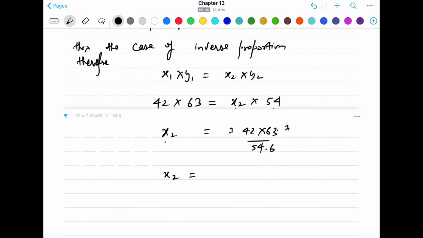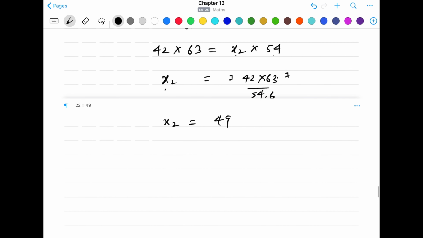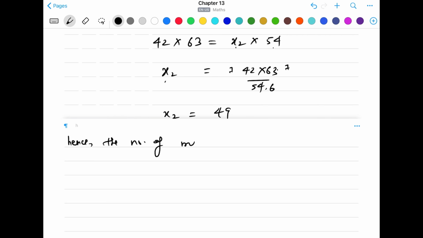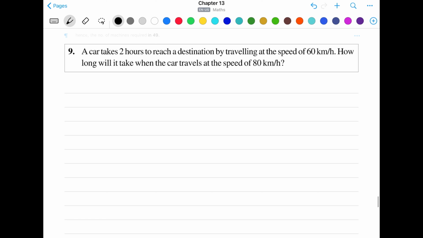That means 7 into 7, sorry, x2 will be 49. That means the number of machines required here is 49. Hence the number of machines required is 49. That's the answer for question number 8.